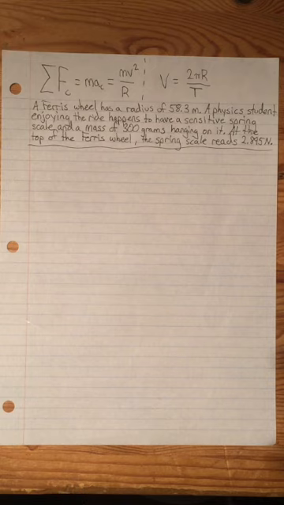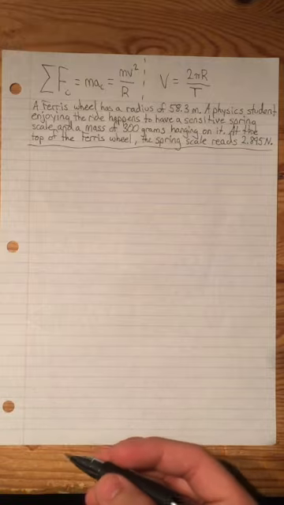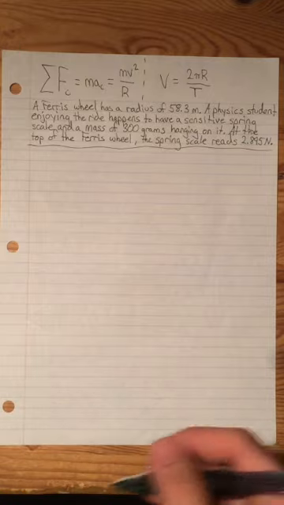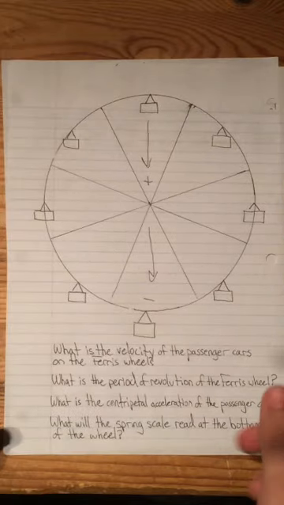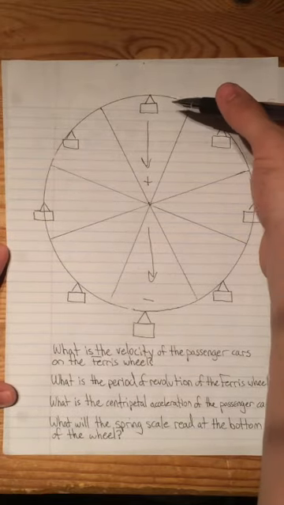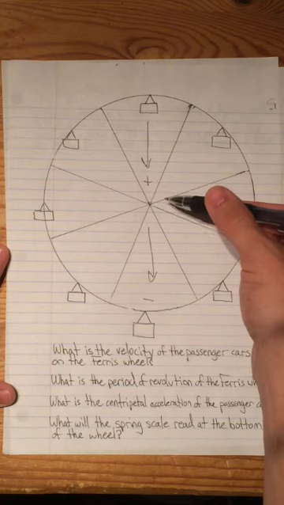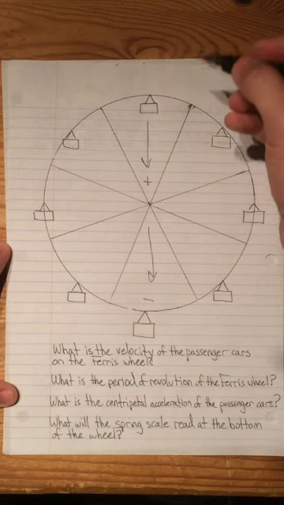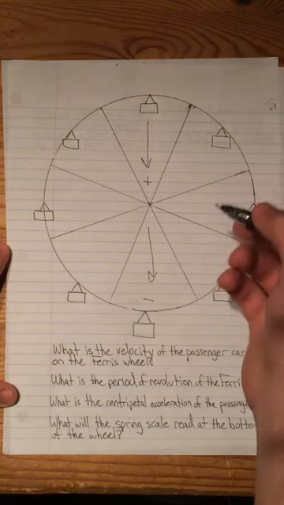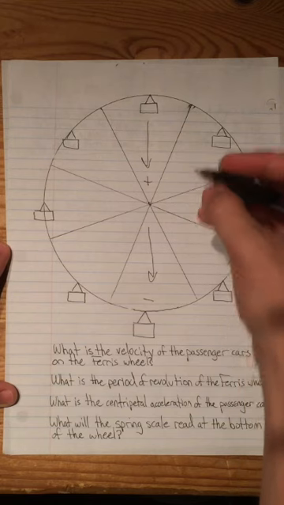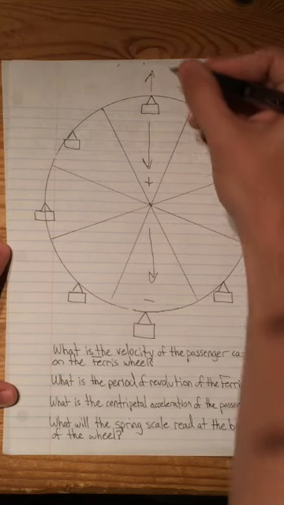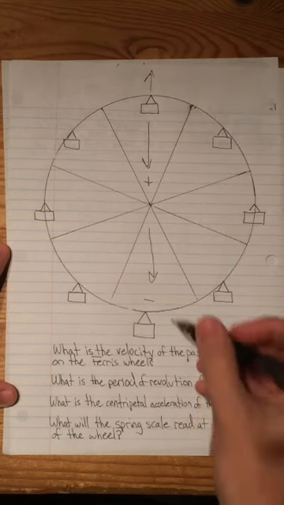So to get started, we want to create a force equation for at the top of the Ferris wheel. And like I said before on the diagram, gravity, or our force of gravity, is facing inward, so it's going to be positive. And our normal force, which is the only other force acting in the situation, is facing outward, so that's going to be negative.